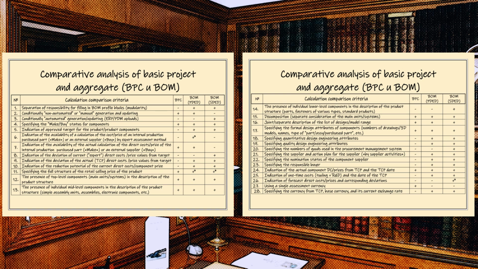Criterion 17. Specifying the format, design engineering attributes of components: numbers of drawings, 3D models, names, type of part, purchased part, etc. The group numbers in the numbers of drawings and 3D models of the main units and systems are regulated in certain industries, in some they are not, and correspond to the Unified System of Design Documentation.